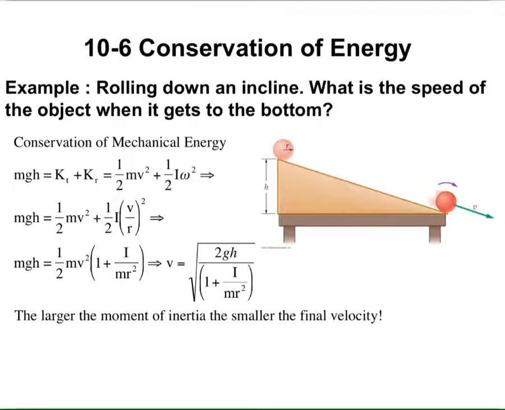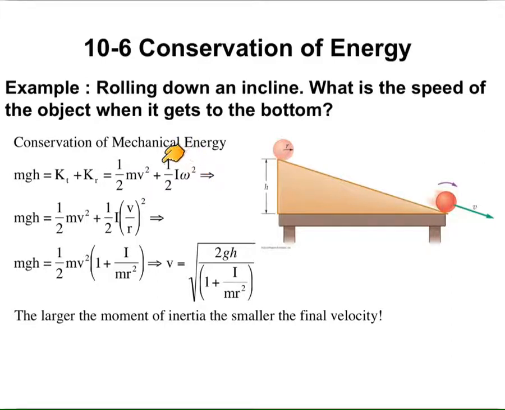So the first thing is, if the object is rotating when it's going down, right? I know how to calculate when the object is not rotating. It's simply the square root of 2g times h. But when it's rotating while going down, this total energy, mgh, will be equal to not only 1/2 mv squared, but the total kinetic energy, which has to include the rotational kinetic energy also, right?